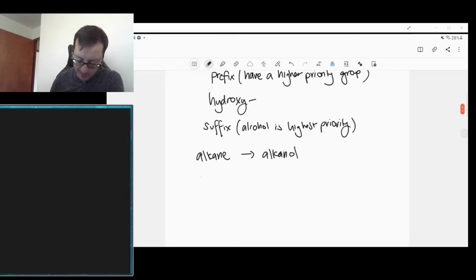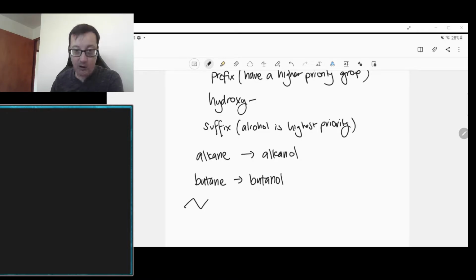So, for example, butane, butanol. Butane is this. Depending where we have it, we can say we have 2-butanol, which would indicate that we have the alcohol on the second carbon. And in this case, we would also need stereochemistry because that would be a chiral center. So priority 1, 2, 3. This is R 2-butanol.